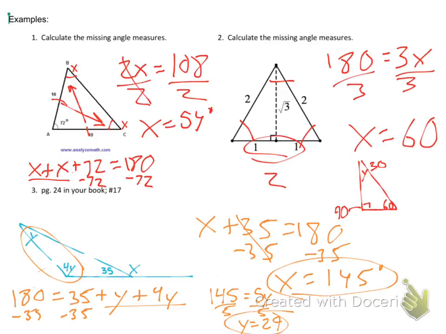Now, you have to be careful of what happens if it didn't say find X and Y. What if it said find all of the angles? 145 would be an answer, right? 29 would also be an answer. Why? Why would 29 be an answer still if I said find all the angles?